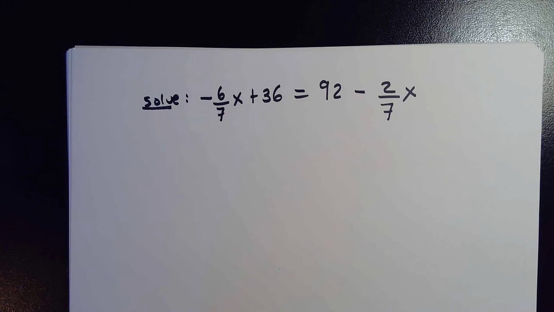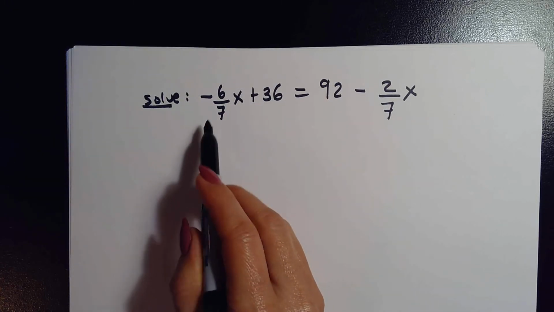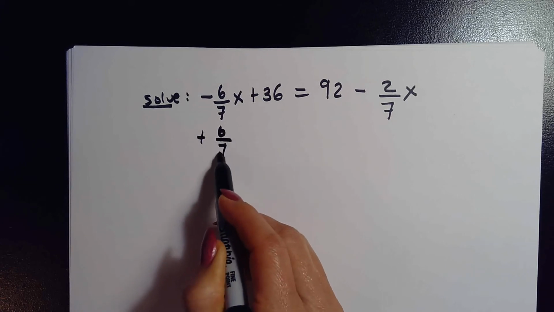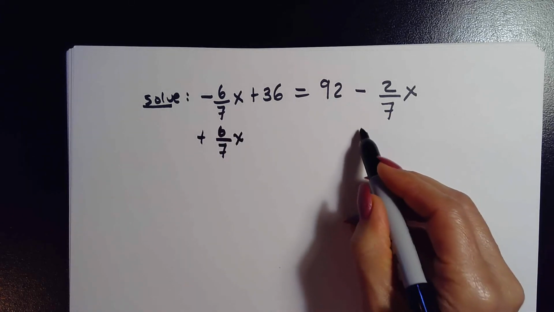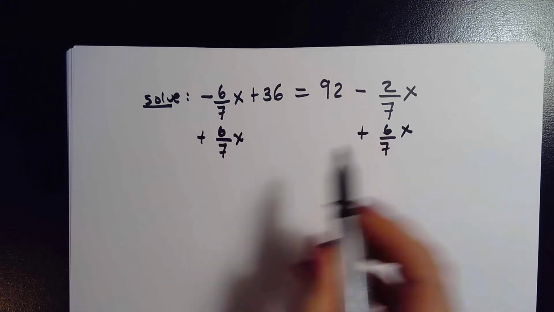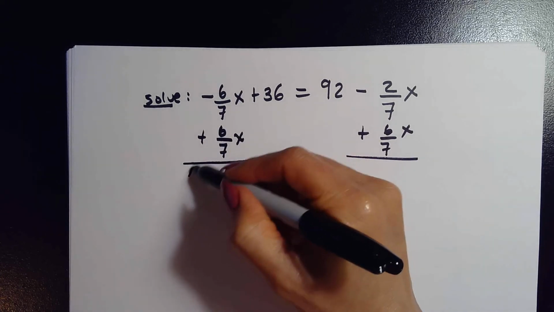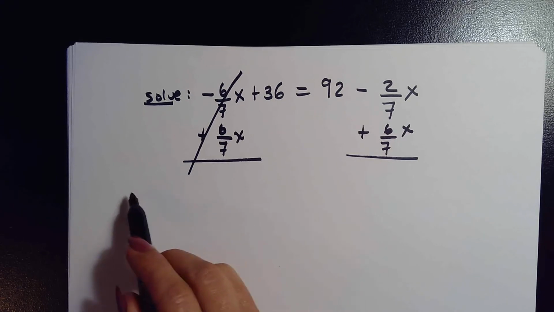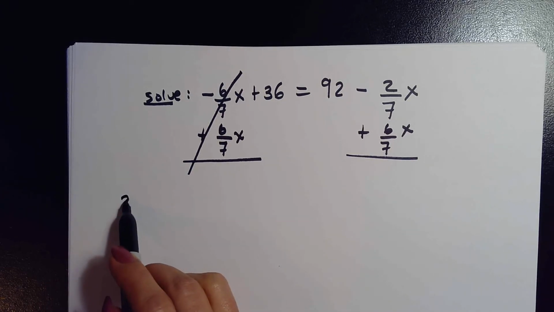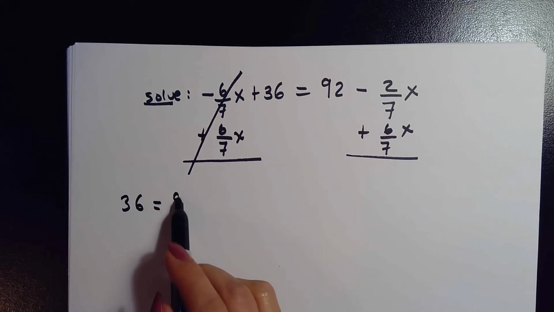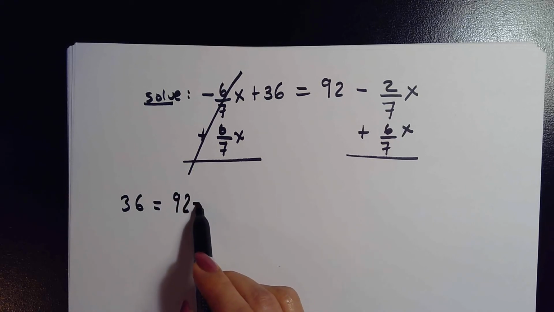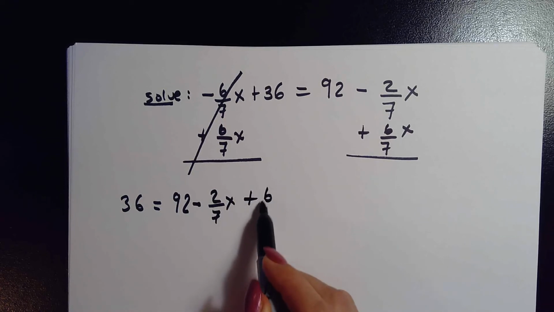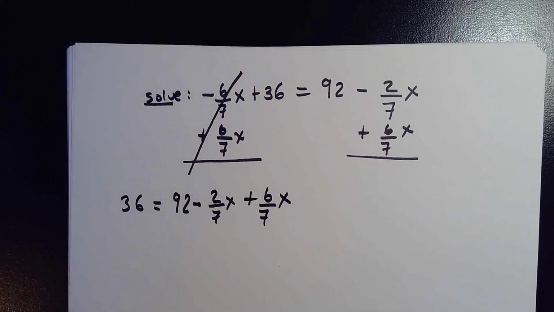To keep the x positive, I'm going to move the negative 6 over 7x by adding 6 over 7x to both sides, which will get rid of the negative 6 over 7x on the left, bring down the 36, right? I'm going to write here on the left so I have more room. 36 equals, and then we have 92 minus 2 over 7x plus 6 over 7x. Okay, perfect.